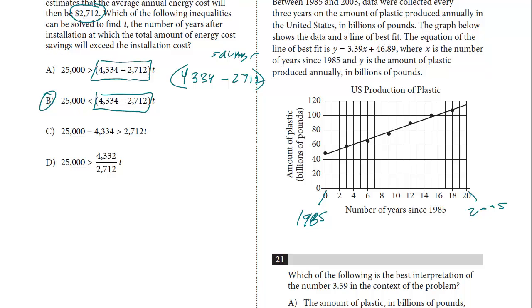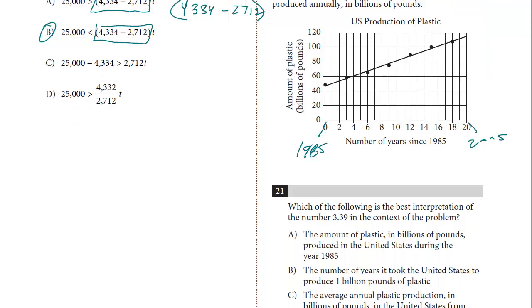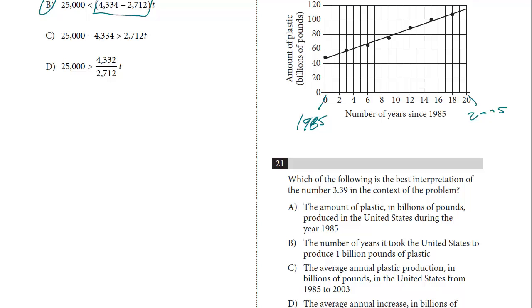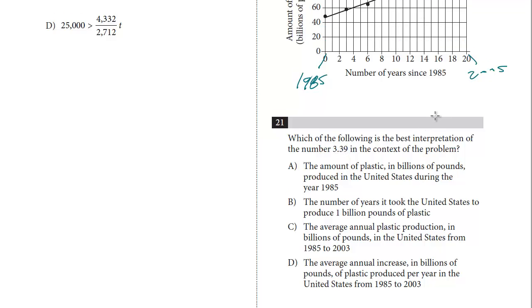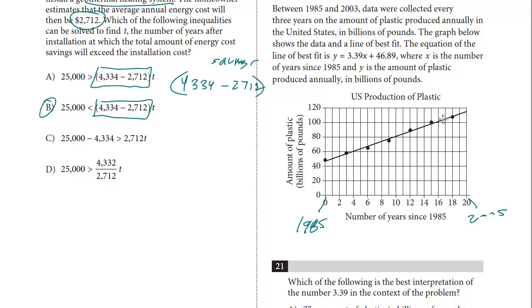All right, let's take a look at the first question. Which of the following is the best interpretation of the number 3.39 in the context of the problem? This is part of the equation.